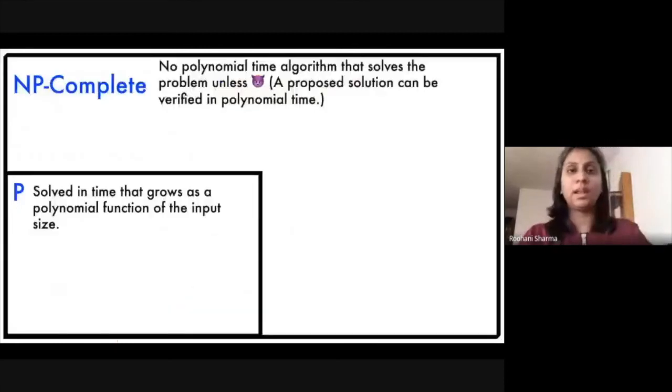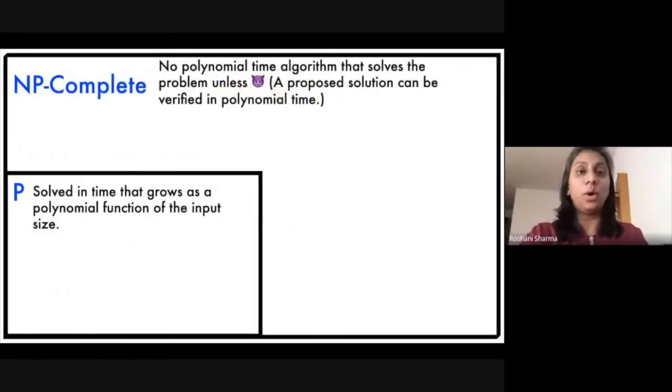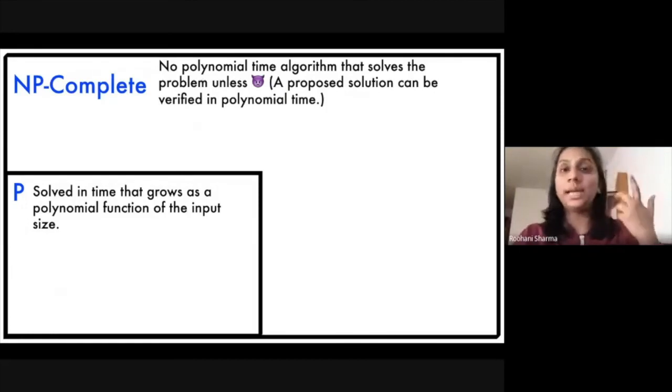P and NP-complete are the holy grail of complexity classes in CS. Very informally speaking, P is the class of problems which have algorithms whose running time is a polynomial function of the input size. Whereas for NP-complete problems, we do not expect such algorithms unless something very unimaginable happens.